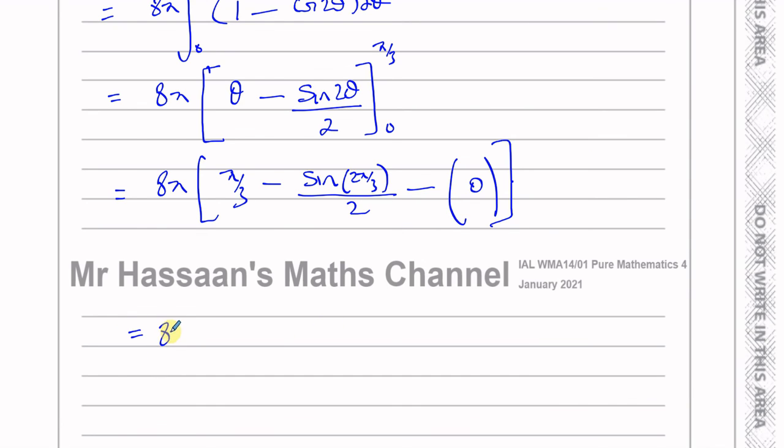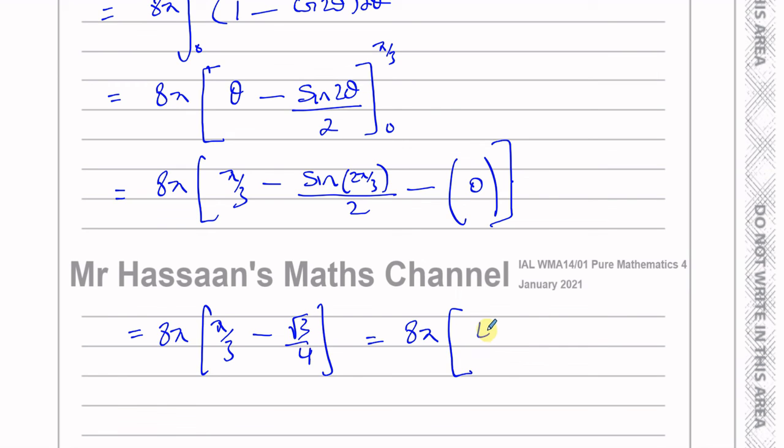So you've got 8 pi times pi over 3 minus, and you've got a half of root 3 over 2, which is root 3 over 4. This is root 3 over 2 divided by 2. So let's just now say 8 pi, and this is going to be over 12.